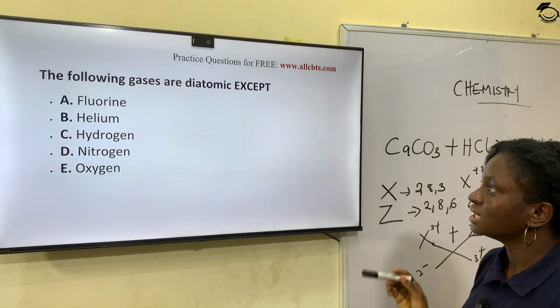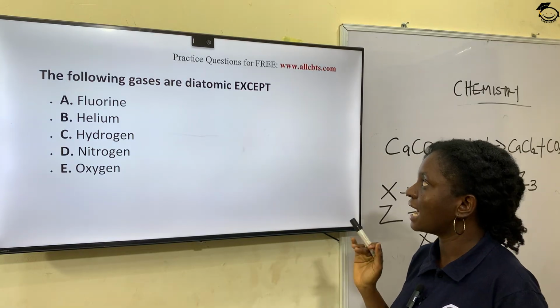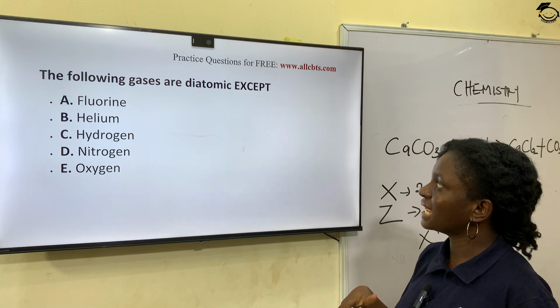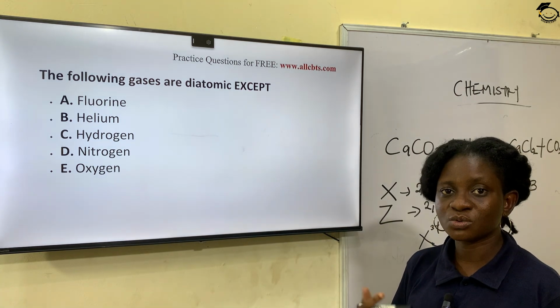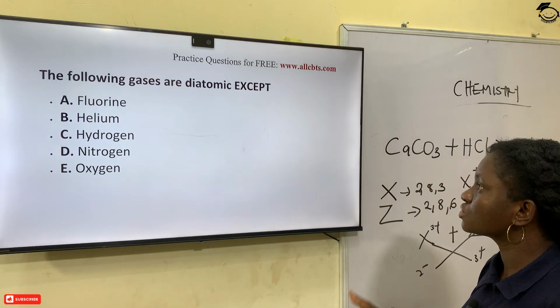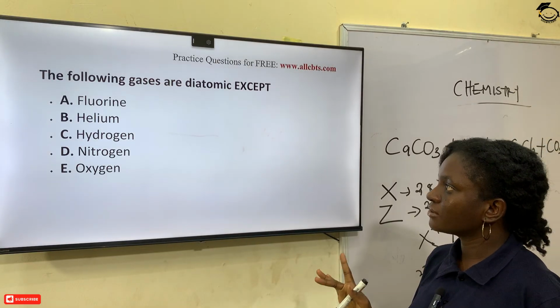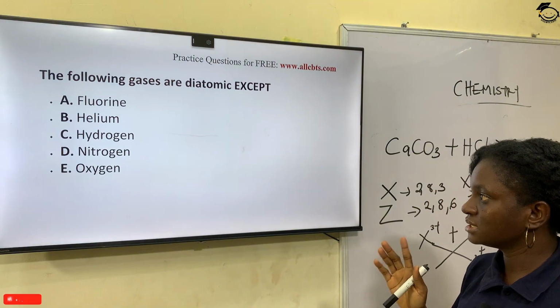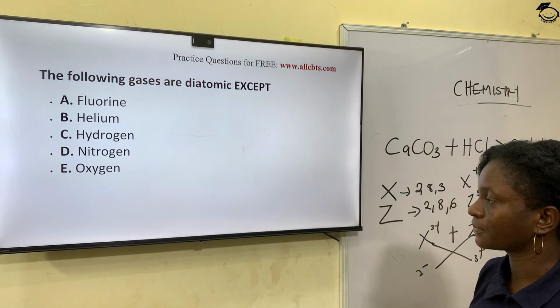Next question. The following gases are diatomic except, diatomic means they have 2 atoms. They occur naturally to have 2 atoms. So except A, fluorine, B, helium, C, hydrogen, D, nitrogen, E, oxygen.